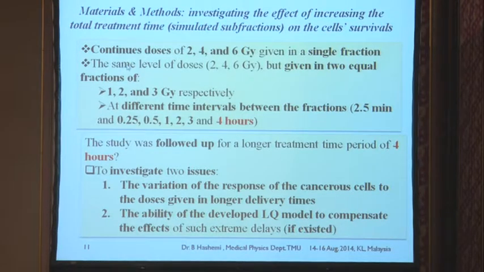And the same level of doses was given in 2 fractions, implemented at different time intervals. 2.5 minutes is the conventional time that is used for a single fraction, and we also gave this radiation at a quarter of an hour, meaning 15 minutes, half an hour, 1 hour, 2 hours, 3, and 4 hours after the first fraction.